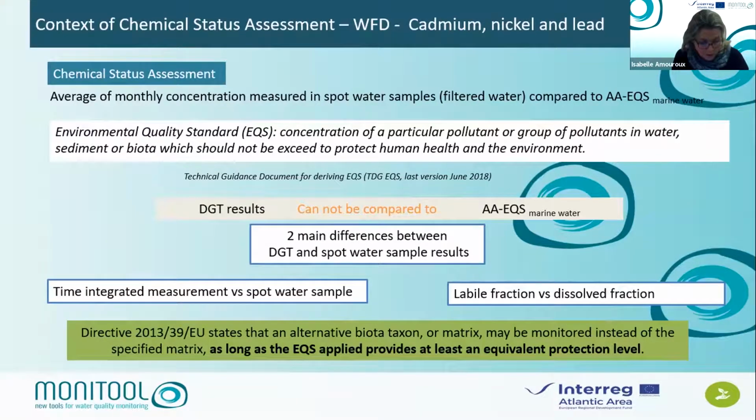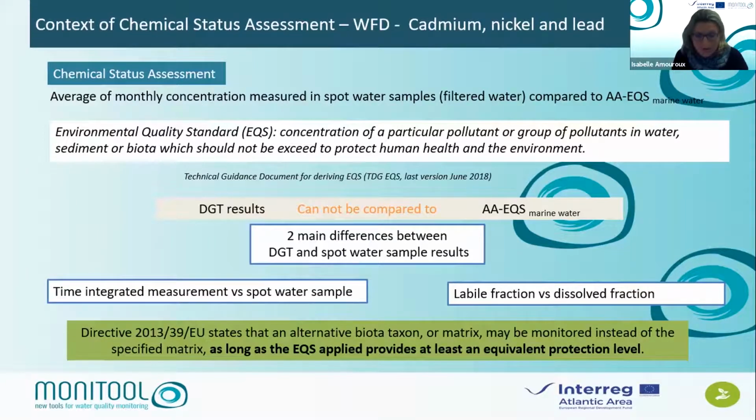According to the WFD, the Water Framework Directive, the chemical status of a water body is assessed on the basis of the compliance, for each priority substance, of measured concentration with EQS, environmental quality standards. The annual average of monthly concentration measured in spot water samples is compared to the AA EQS marine water, that is the annual average EQS.